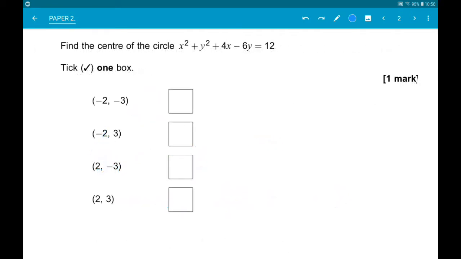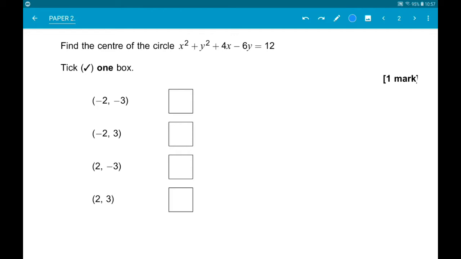Number 2. Find the centre of the circle x squared add y squared add 4x minus 6y is 12. To do this, we must write it as x minus a squared and y minus b squared is equal to r squared. So we're completing the square twice.